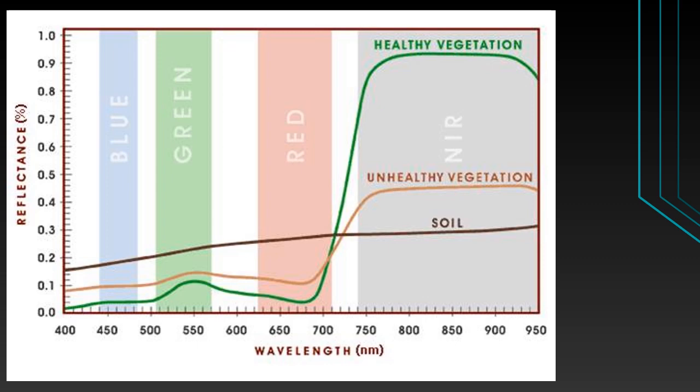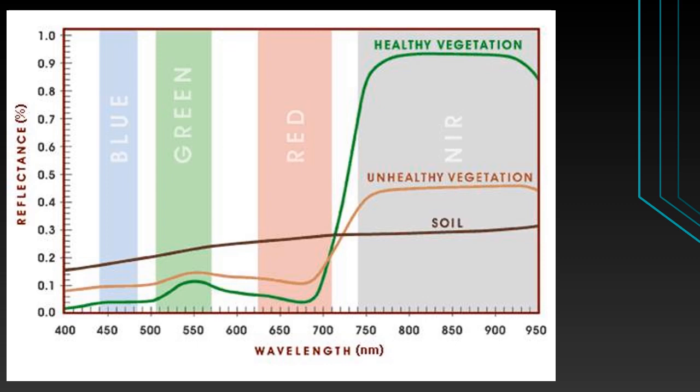As you can see, this green line is showing the healthy vegetation. The visible part starts from 0.4 micrometer, or 400 nanometer, to 700 nanometer. Blue, green, and red. In the blue and red parts, the reflectance is lower. It is a little higher in the green part.